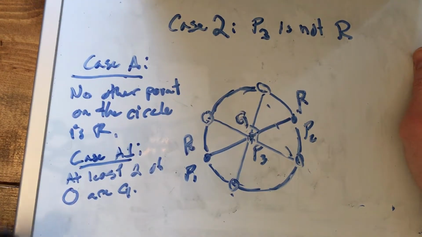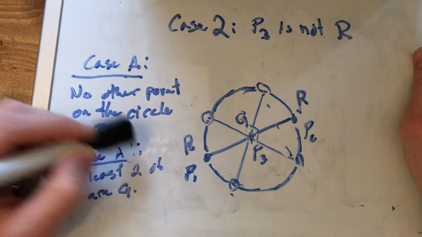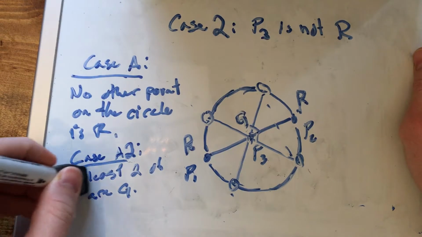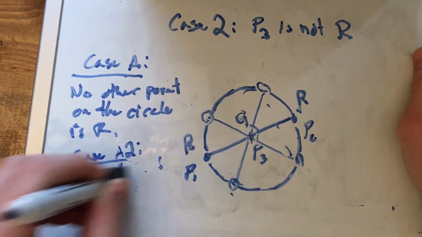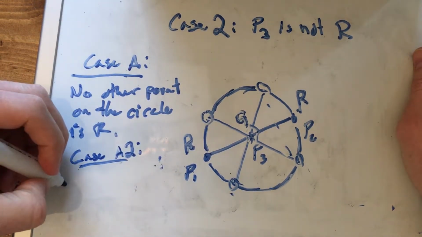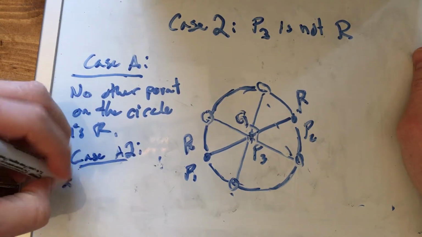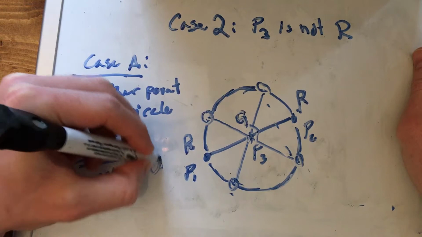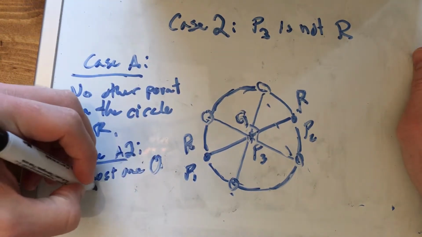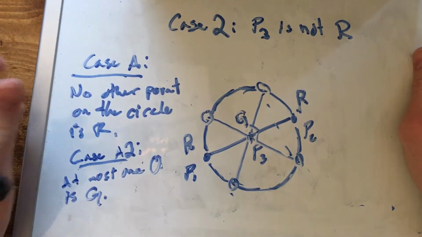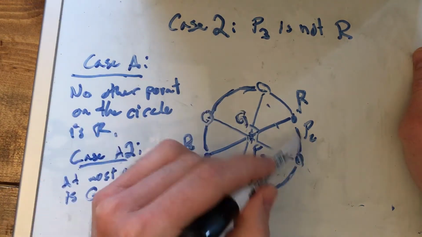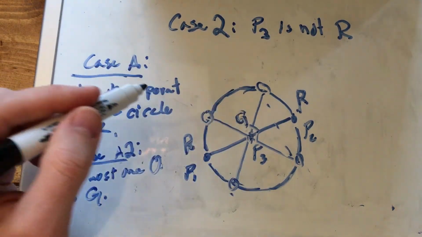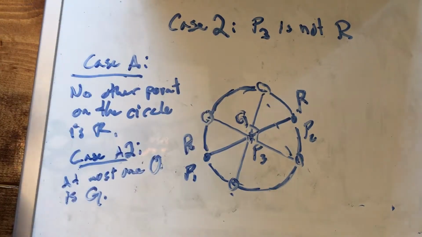Now we're left with the second possible subcase, case 2, where we say at most one circle is green. Now remember, we already said that these points aren't allowed to be red. That means that of these 4 circles, at most one of them can be green and the other 3 must be blue.